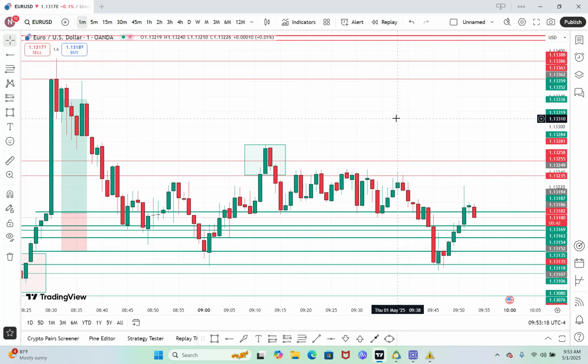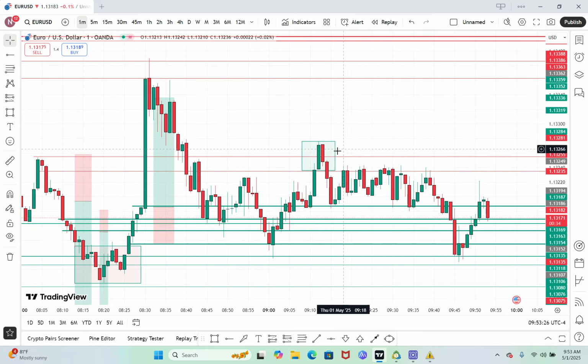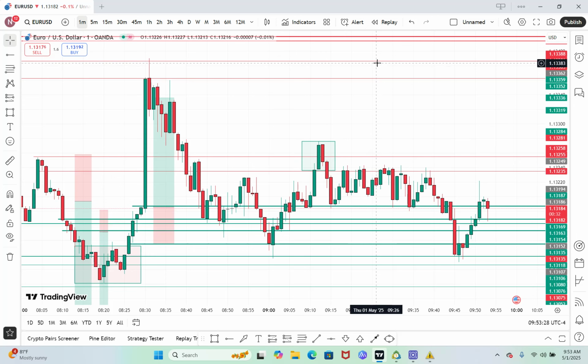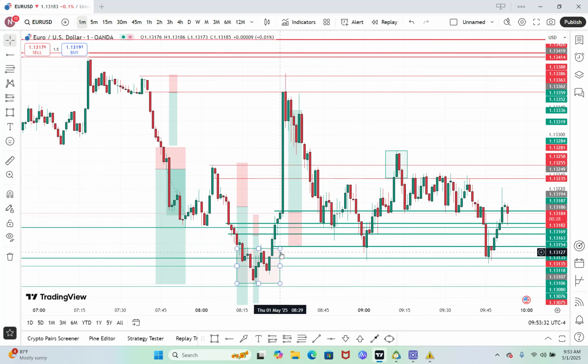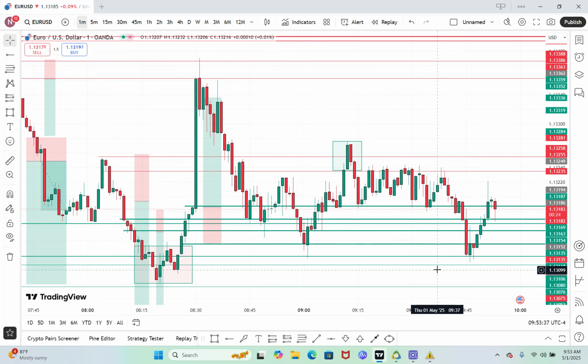So, waiting for the market to break above or below this range. Break above this era and give us a profit of 1 to 3, or break below this era and give us a profit of 1 to 3, right?